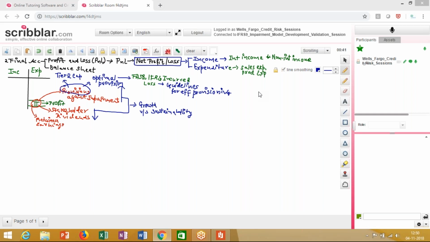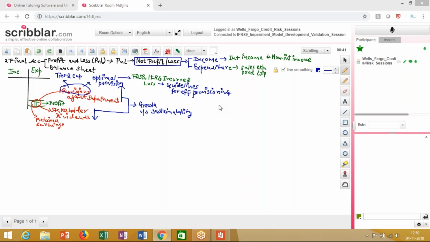Just coming back to the part where I was. When we talk about provisions, effective provisioning, or guidelines for provisions, one thing we can see is that effective provisioning is really important because it has short-term and long-term impacts.